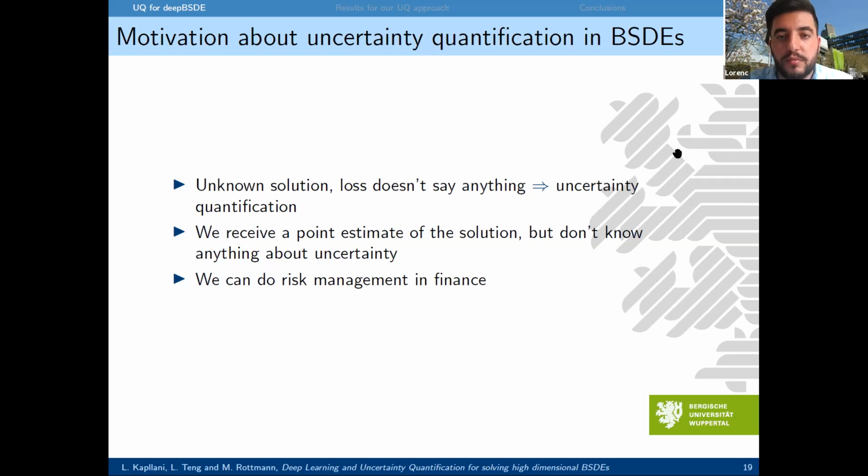So we definitely need to check the uncertainty in this kind of problem. And in terms of finance, by having the uncertainty related to different problems, we can also do risk management, which is very important to minimize the monetary loss in this area.